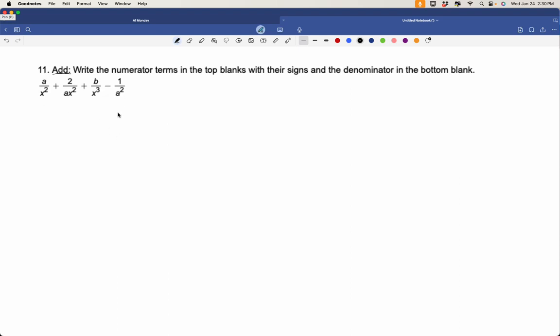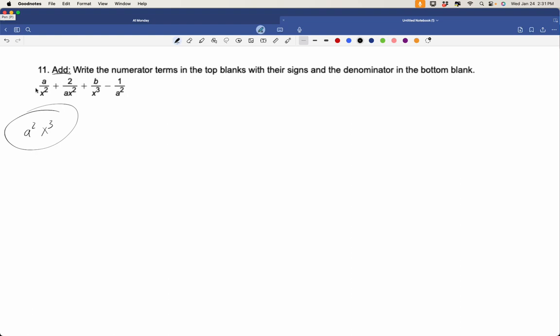When you have all variables here, you look for the variable with the highest exponent. Here the x has a 3, that's the highest exponent. And the a's highest exponent is 2. So a squared x cubed, that's your common denominator. Okay?